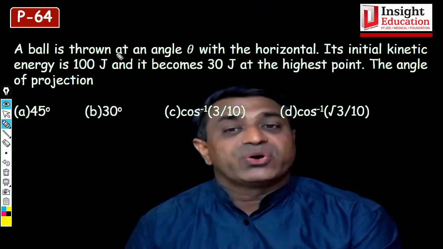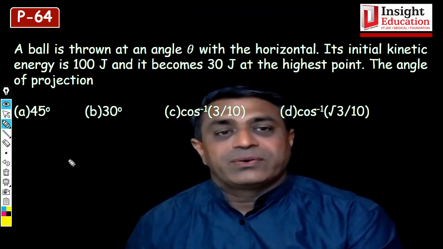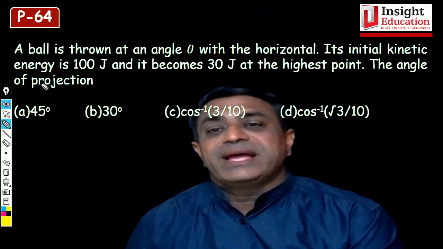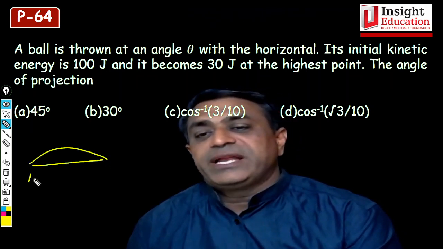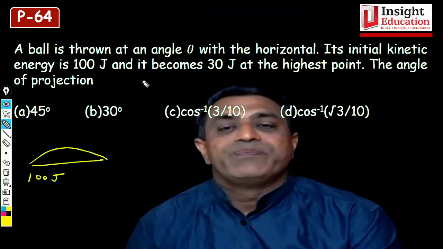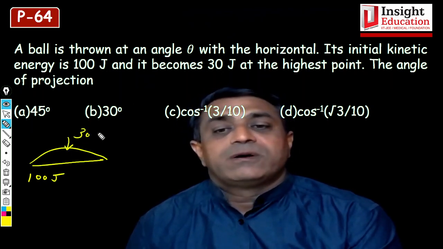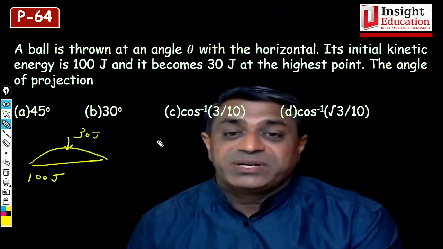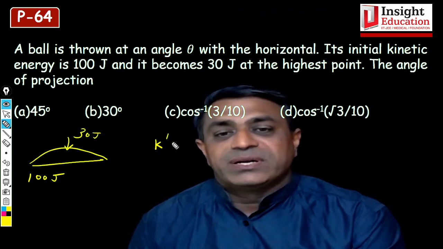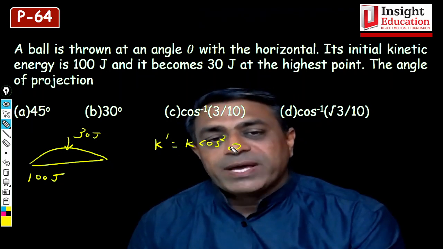A ball is thrown at an angle theta with horizontal. Its initial kinetic energy is 100 joule. It becomes 30 joule at the highest point. Find the angle of projection. If you don't know the equation, it will be difficult. So K dash is equal to K cos square theta.